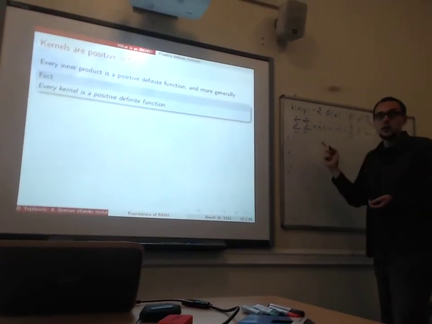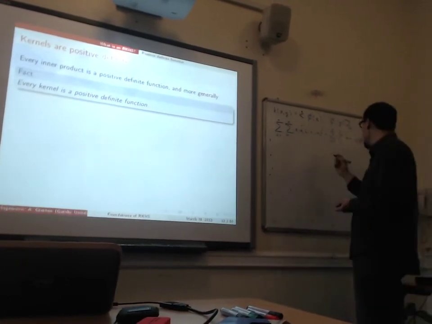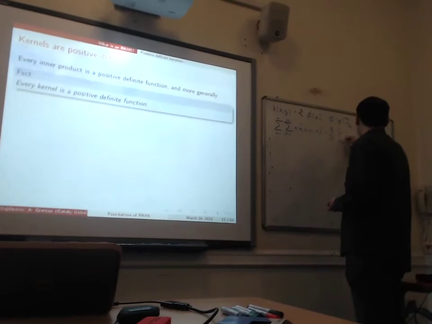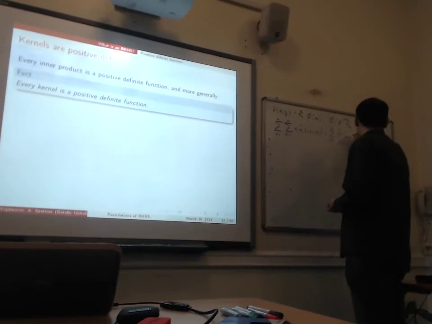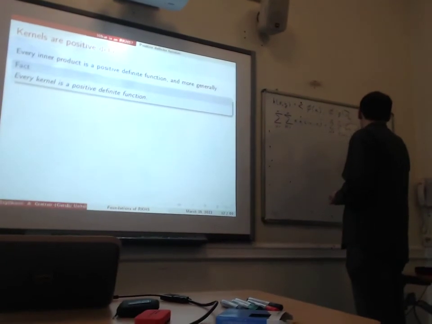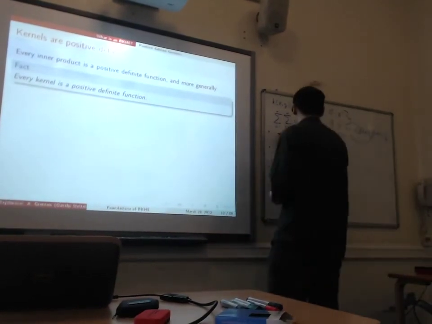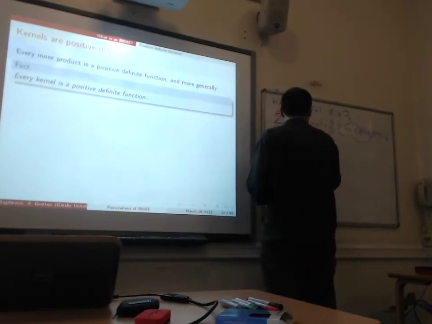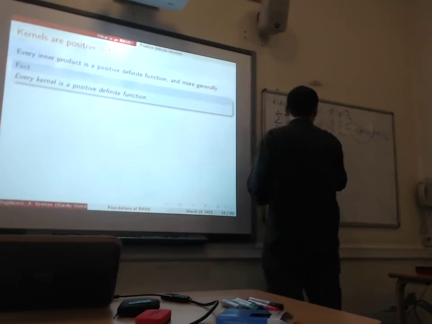Every inner product is a linear function in both arguments, so I can take this sum of products with scalars ai and put it inside here, and this other sum and put it inside there. So now I just get an inner product of ai phi xi, a linear combination of the feature maps.